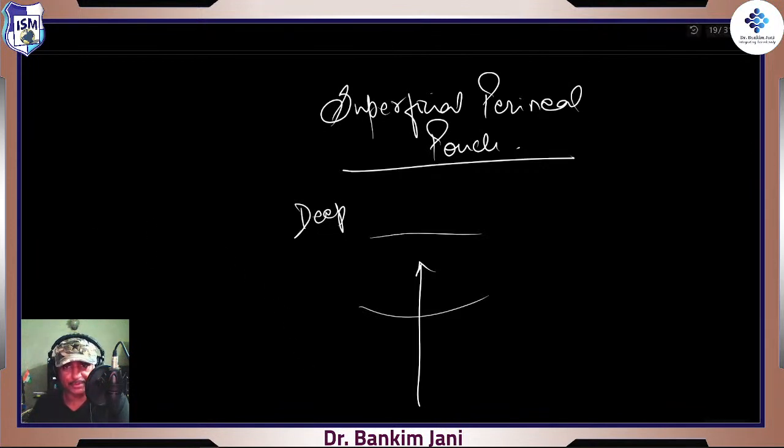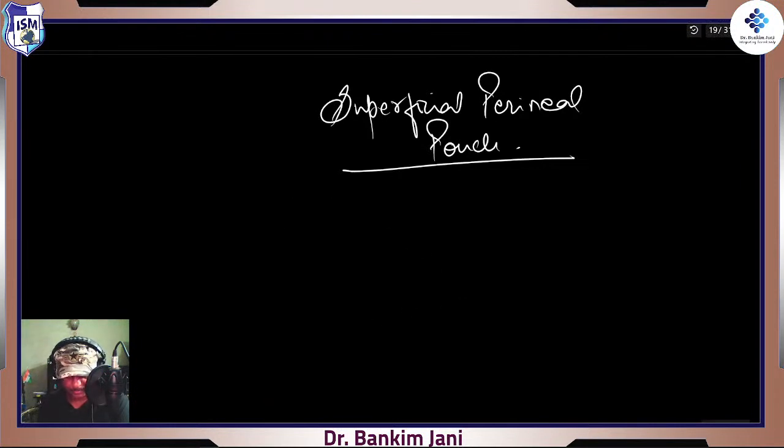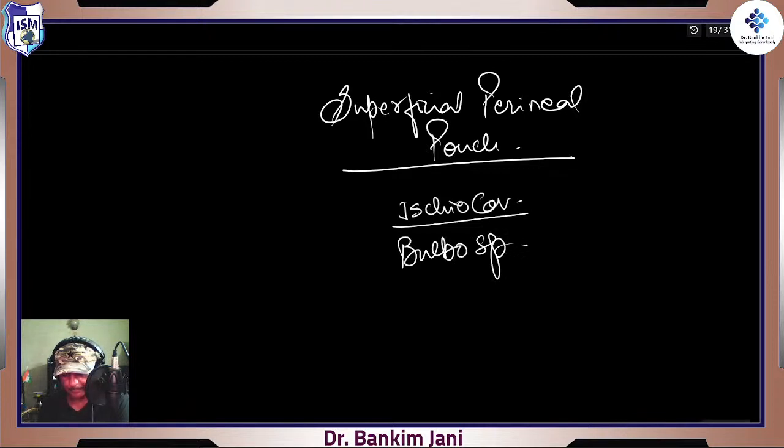The importance of this is, say there are muscles on each side, and these muscles are the ischiocavernosus, bulbospongiosus, and the superficial transverse perineal.